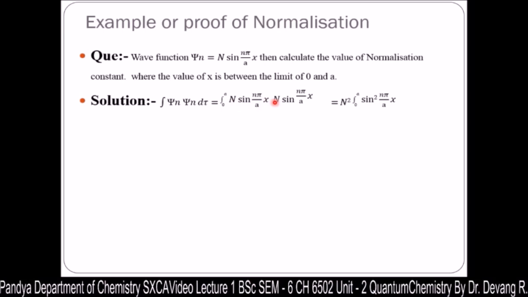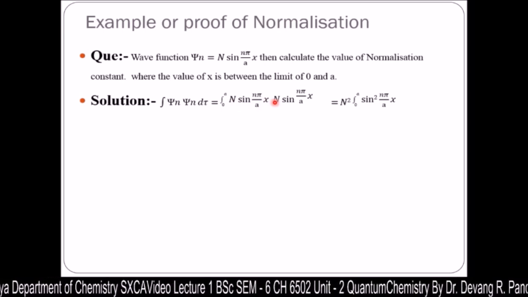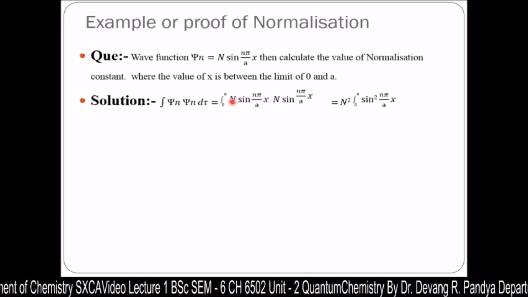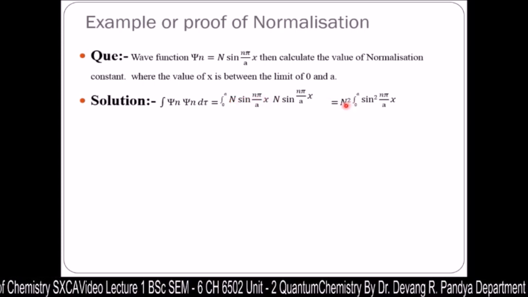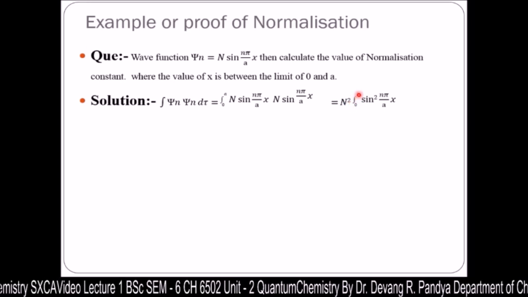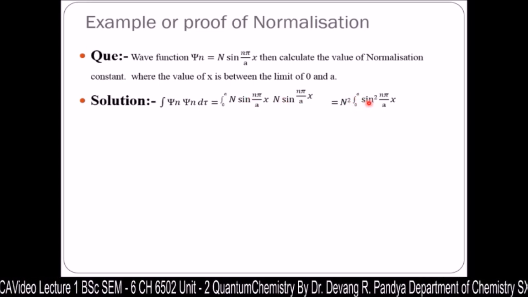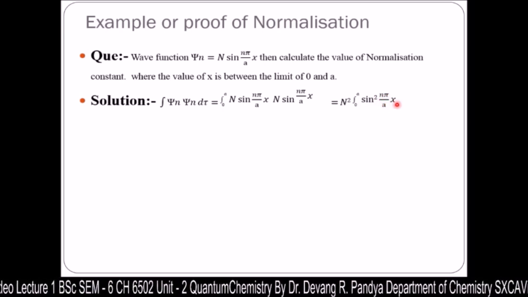Now N into N is N square, and it is a constant, so we keep N square outside the integration. Integration from 0 to a, now sine into sine gives sine square n pi by a x.